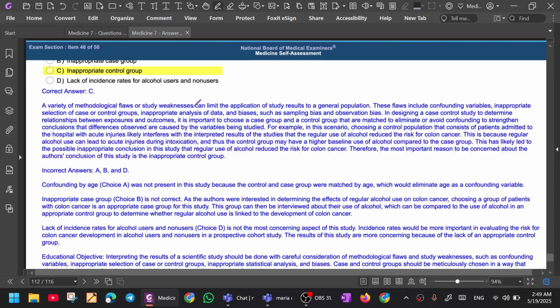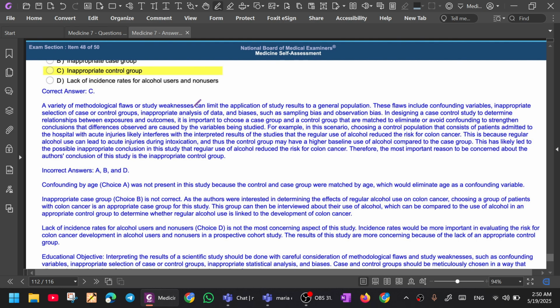In designing a case control study to determine the relationship between exposures and outcomes, it is important to choose a case group and a control group that are matched to eliminate or avoid confounding, to strengthen the conclusion that differences observed are caused by the variables being studied.